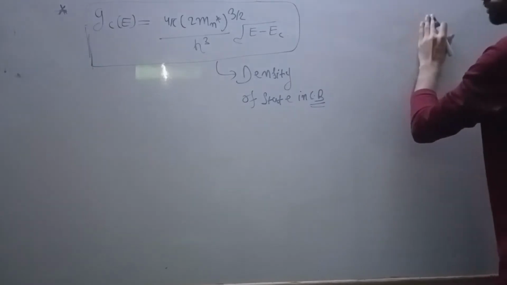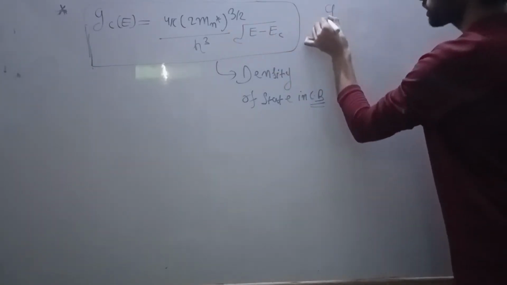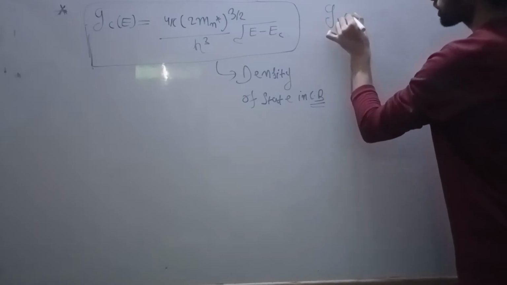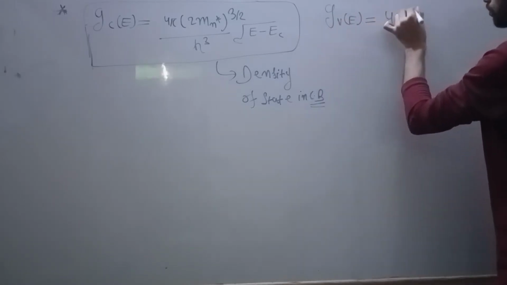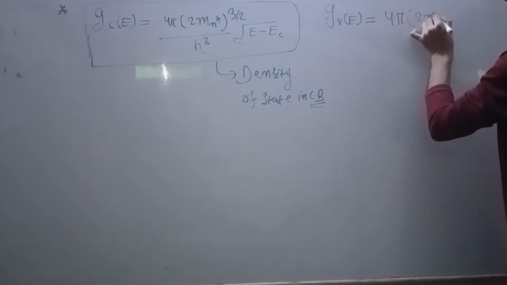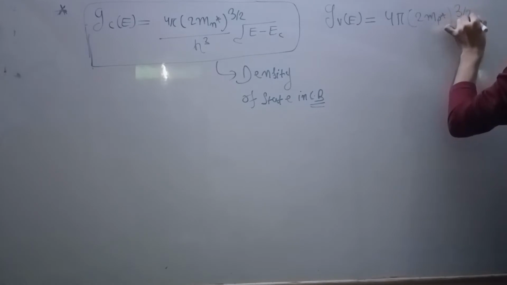Now you see here the density of state in the valence band, g_v(E). What is this? The density of state in the valence band is 4π(2m_p*)^(3/2)/h³ times the square root of (E_v − E), where m_p* is the effective mass of the hole in the valence band.